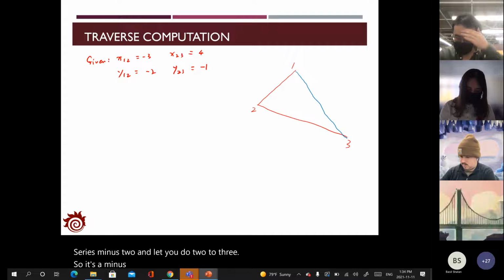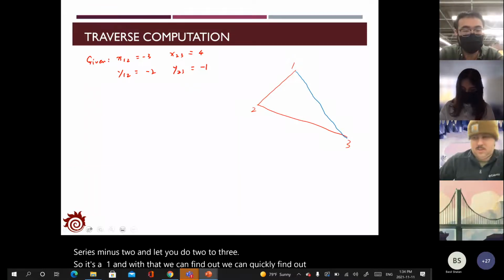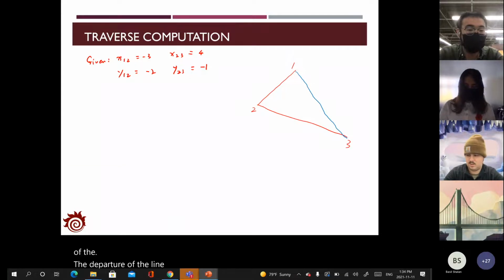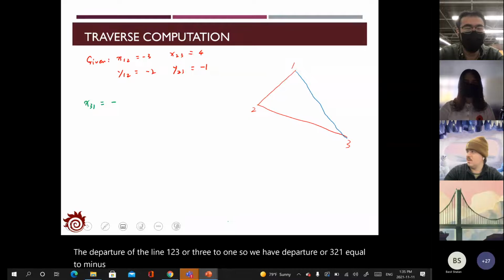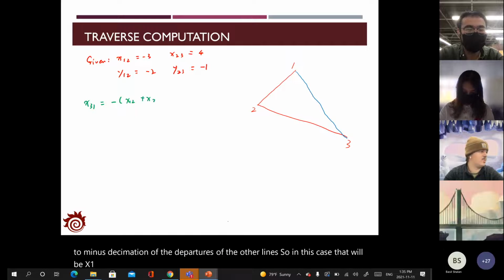And with that, we can quickly find out the departure of the line 1 to 3 or 3 to 1. So we have departure of 3 to 1 equal to minus the summation of the departures of the other lines. So in this case, that will be x12 plus x23.